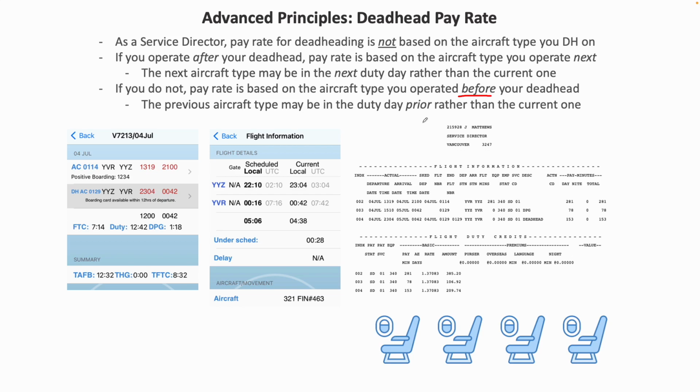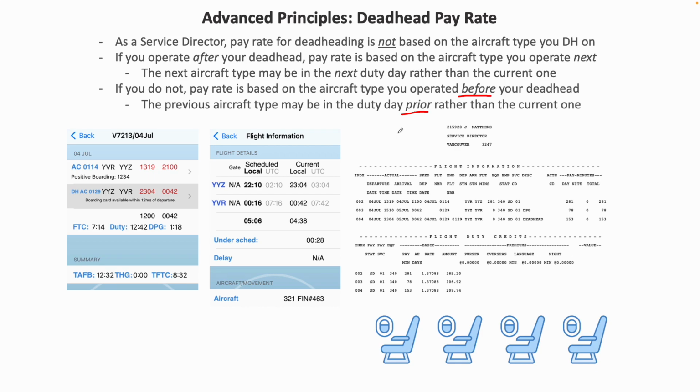And just as in the default set of rules, the previous aircraft type might be in the duty day prior rather than in the current one. So you could operate a flight on day one and then deadhead back on day two, and that deadhead would need to be paid at the aircraft type that you operated on the previous day. So whether it's the same duty day or a separate one makes no difference. The principle stays the same.